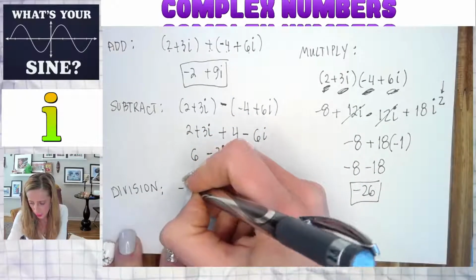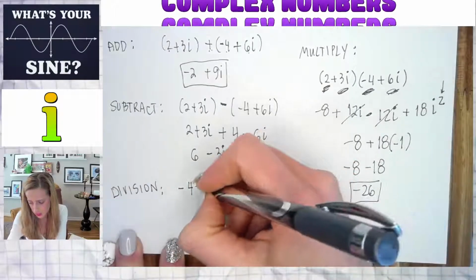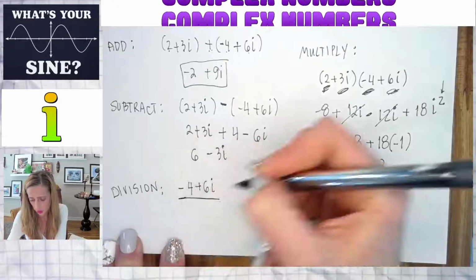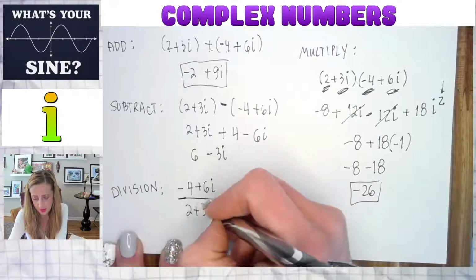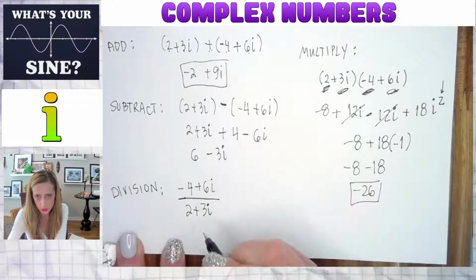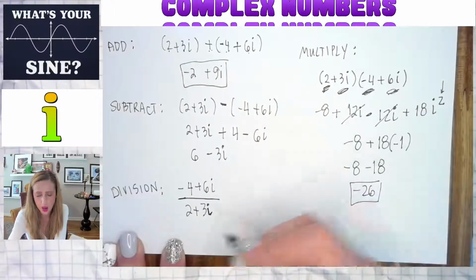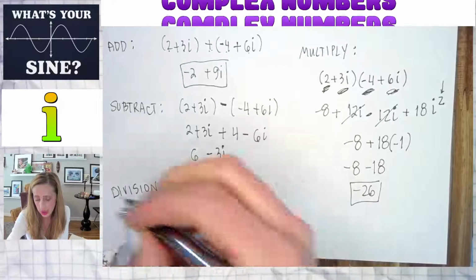So if I give a numerator, I'm just going to keep using these because that's what I was doing. Negative 4 plus 6i is my numerator, and my denominator will be 2 plus 3i. Since i is really the square root of a negative number, it's a radical, and we're not allowed to have a square root in the denominator. We have to rationalize this.